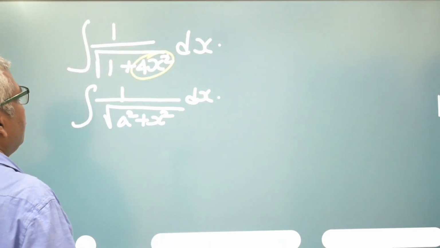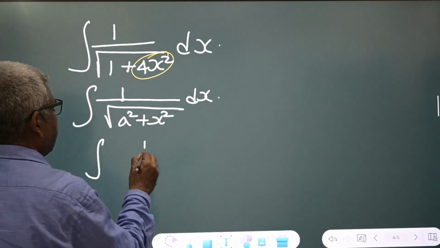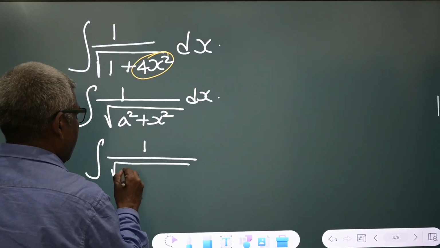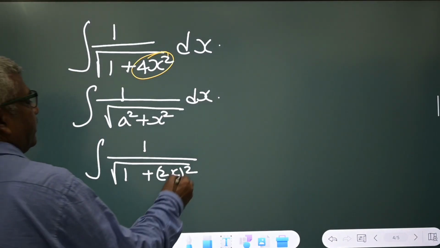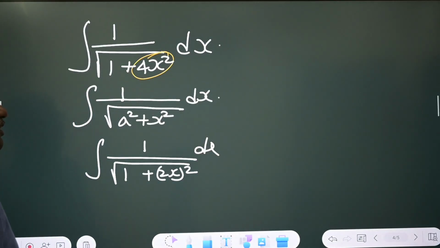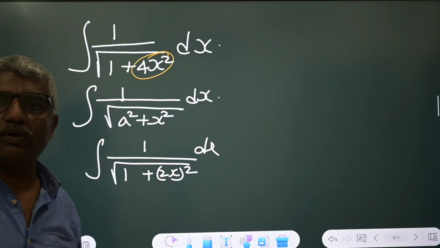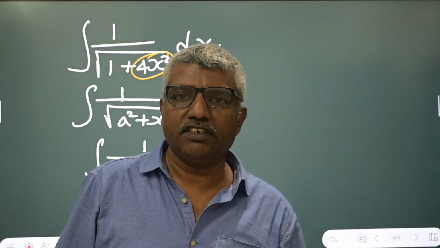So what you have to do: integration of 1 by square root of 1 plus (2x) whole squared dx. Now this square is for 2x. Hope you got it.